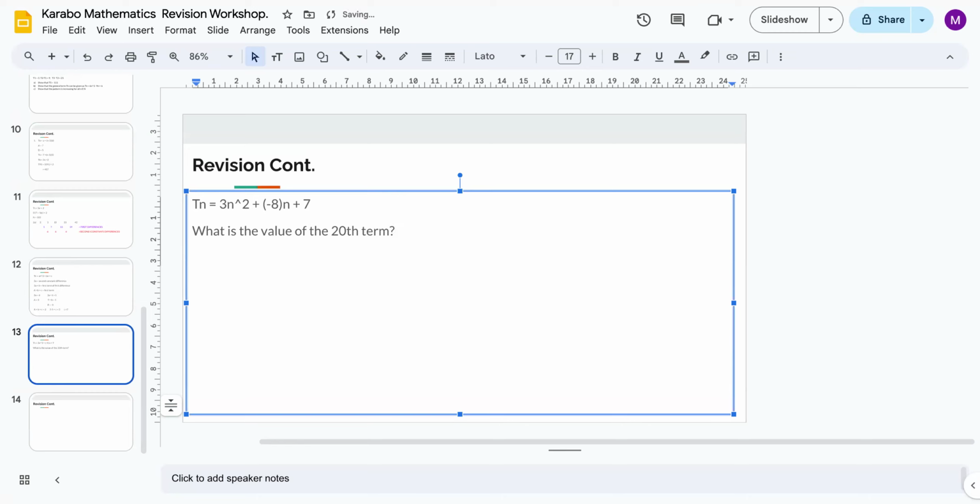Okay, so this one is nice and short. We just plug in 20 into our n. All right, so T20 is simply equal to 3 times 20 squared plus minus 8 times 20 plus 7.